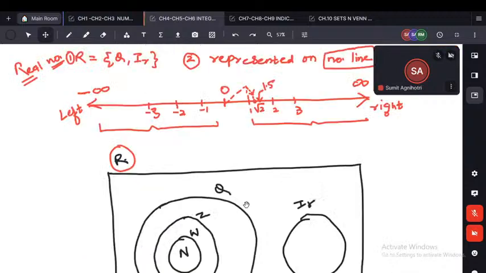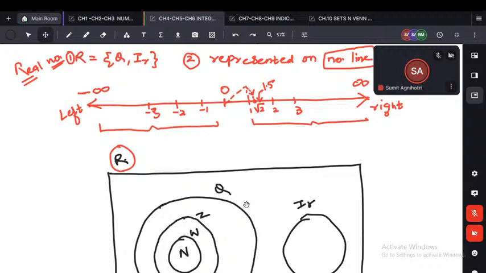This definition I have already given you when we were discussing numbers in our basic classes. I think you must be okay with these definitions, and you can quickly make proper notes of this, because here I have explained about real numbers. In this Venn diagram I have shown you that all natural numbers are inside whole numbers. That means all natural numbers are whole numbers. All whole numbers are inside integers. That means all whole numbers are integers.